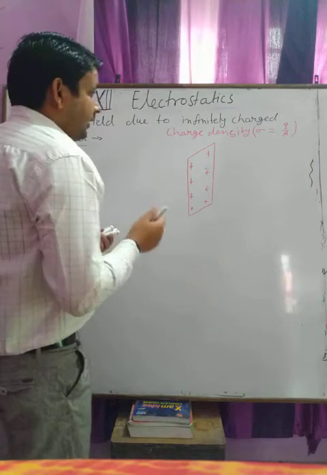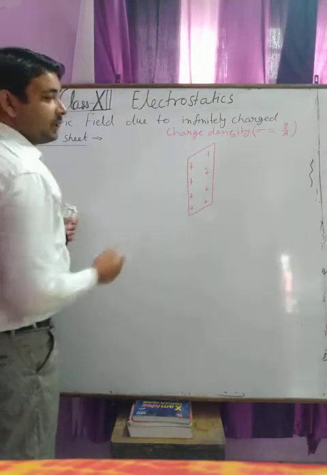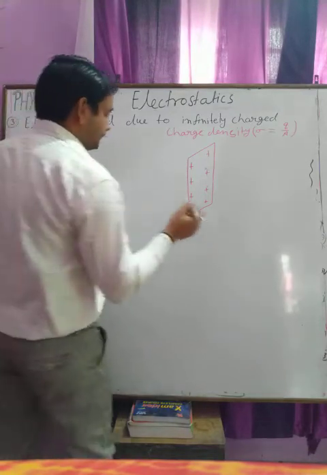Therefore, for calculating the electric field due to this charged plane sheet, we consider here a cylindrical Gaussian surface.